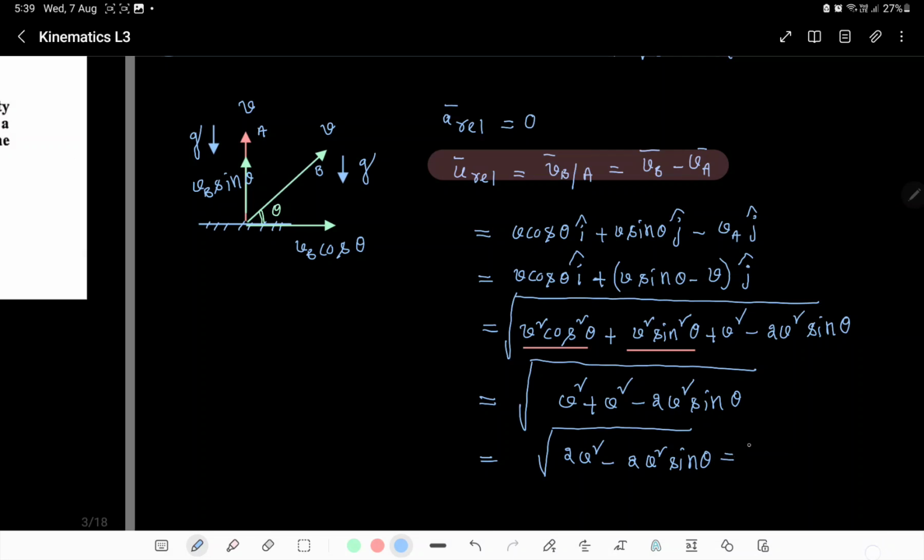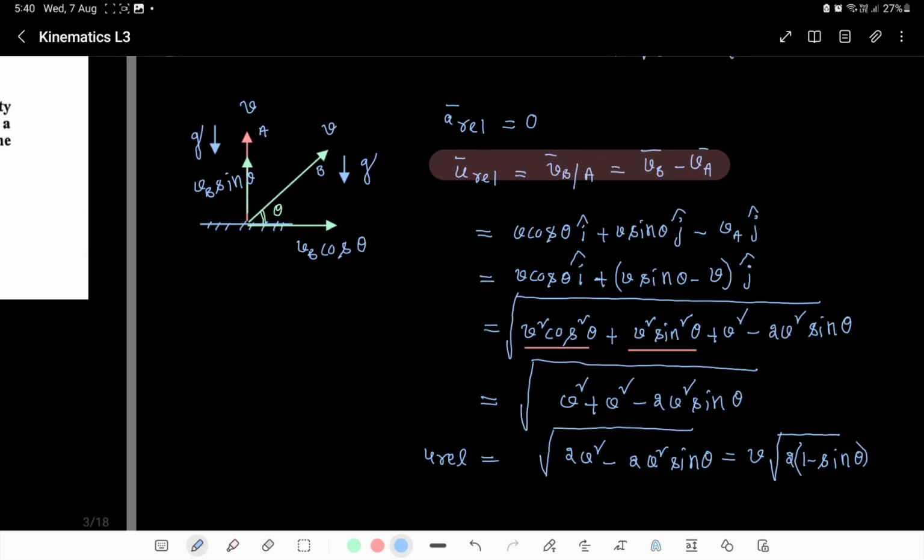Taking V out, V times the square root of 2 into (1 minus sin theta). This is the U relative, the initial relative velocity between A and B.